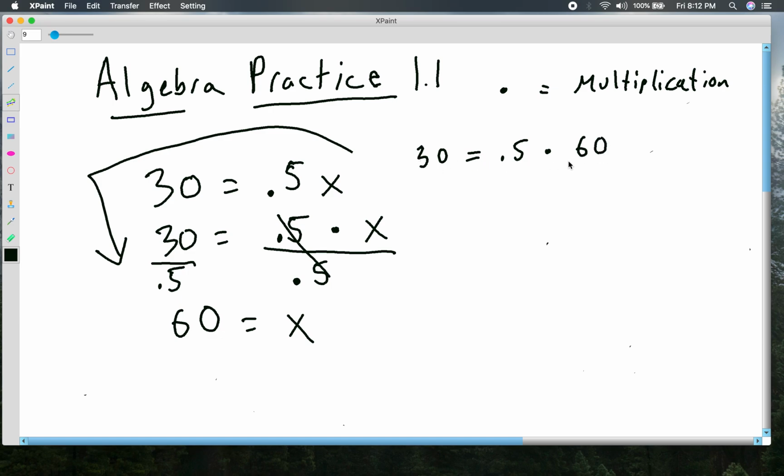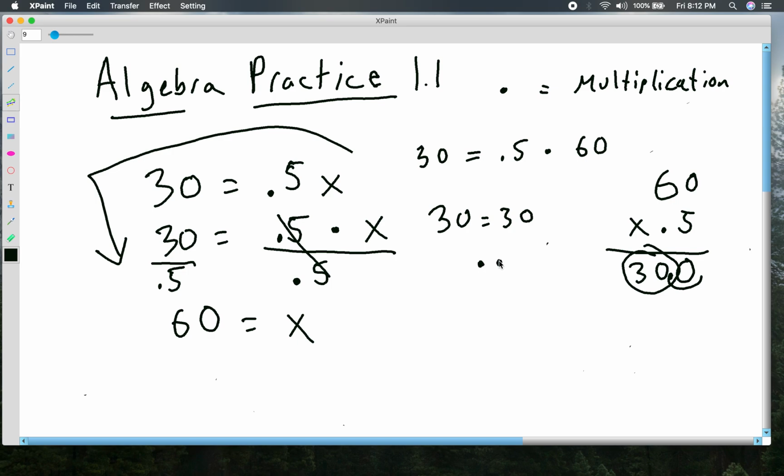Let's go ahead and check to see if that works. 60 times 0.5. 5 times 0 is 0. 5 times 6 is 30. Rules of multiplying with decimals: I had one place over here, so I have to take this now over 1. And that, in fact, does give me 30. 30 equals 30. Happy face guy is here.